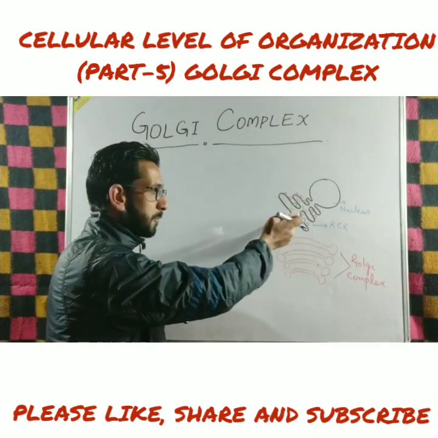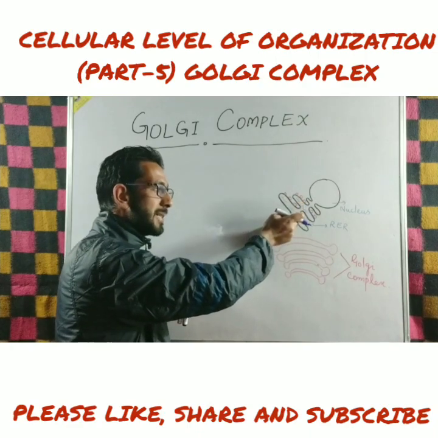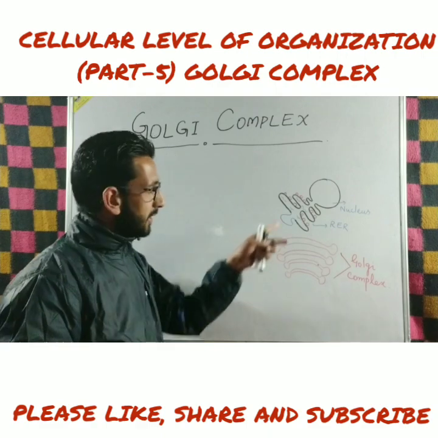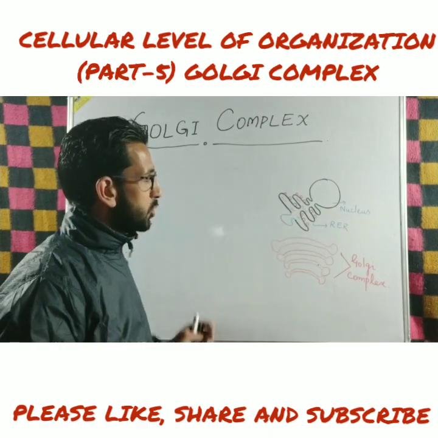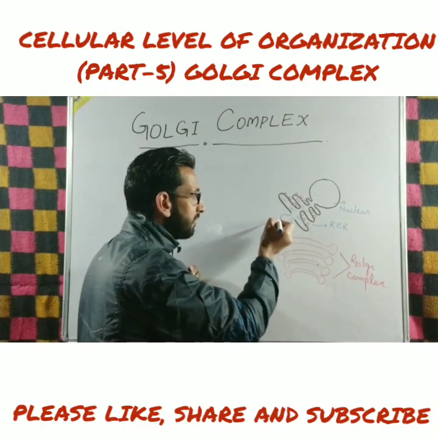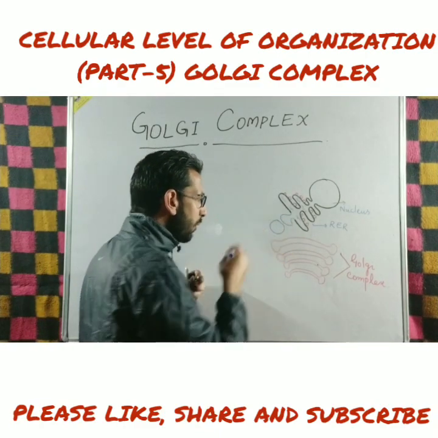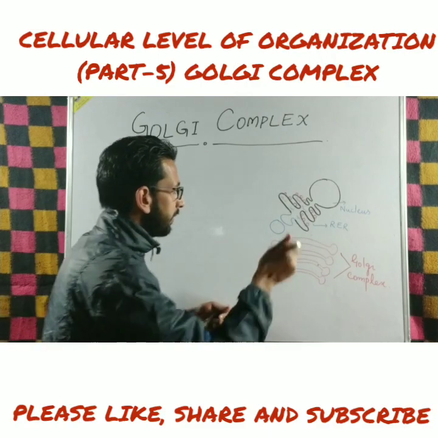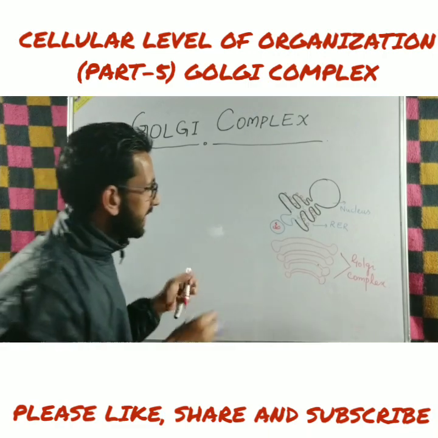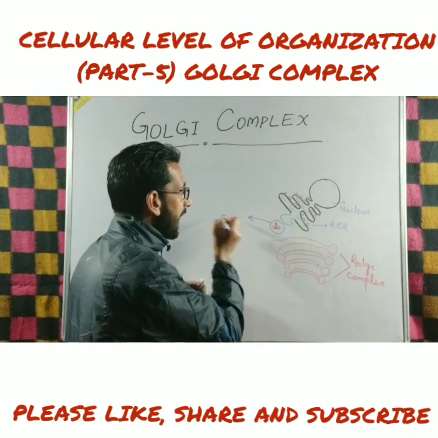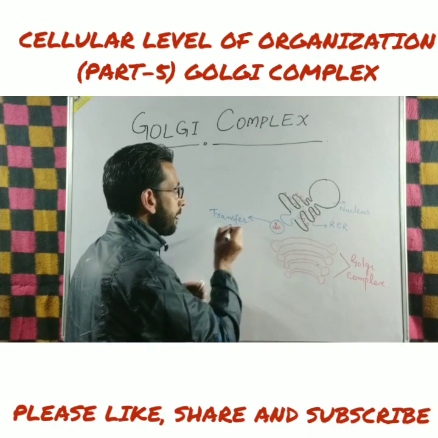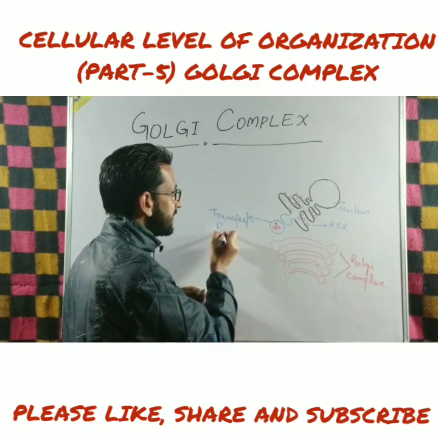So once this protein is sent inside the lumen of the endoplasmic reticulum, the endoplasmic reticulum packs this protein in vesicles, and that vesicle now contains the protein, which needs further modifications. These vesicles are called transfer vesicles, and they are also called reticular vesicles.